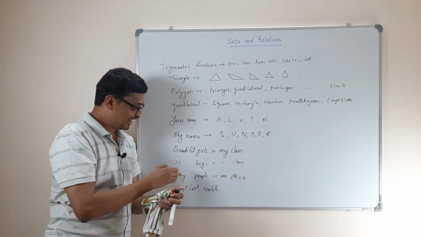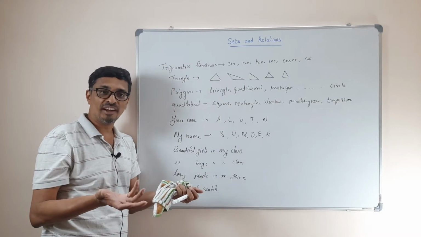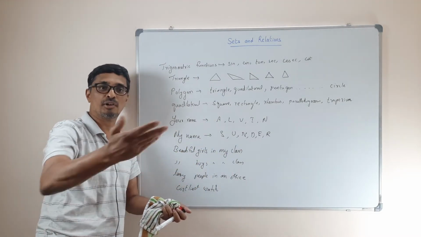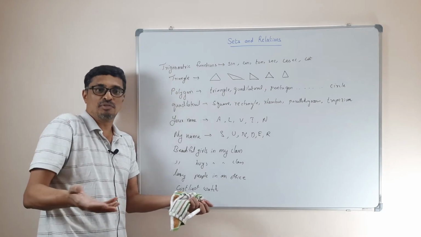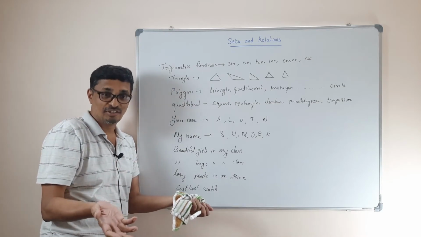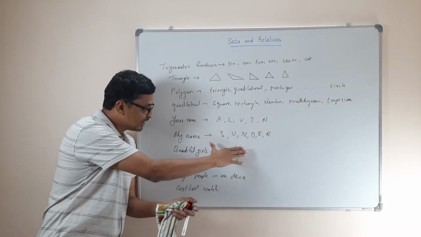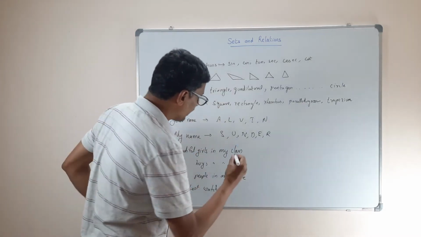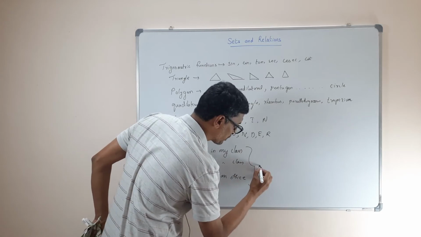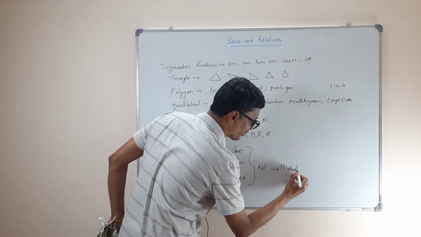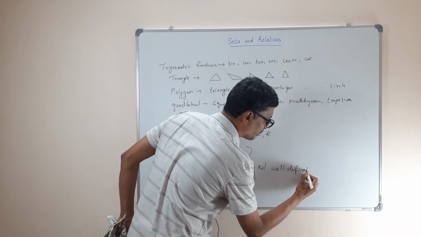Lazy people, how do you define? Costliest watch: some watch may be costlier for you, but for someone it will be cheaper, and for someone it can't be affordable at all. So these are not well-defined objects.